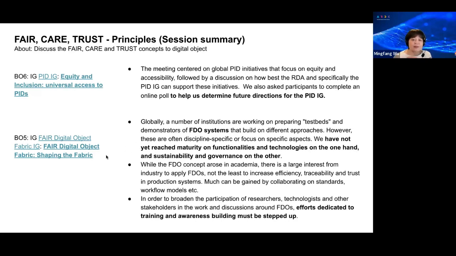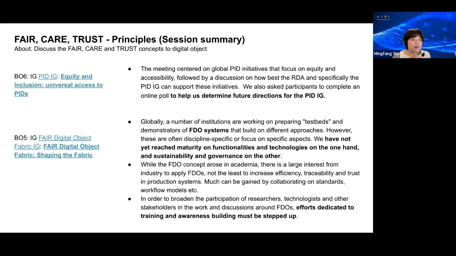The fourth one is from the FAIR Digital Object Fabric interest group. Lots of institutions are implementing or testing FAIR digital object systems, but we have not reached maturity in functionality and technology.